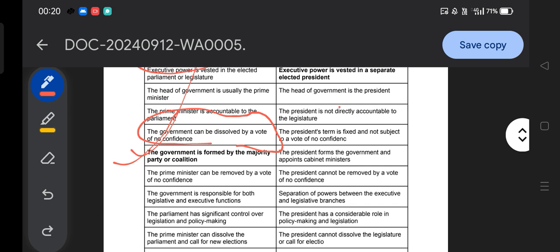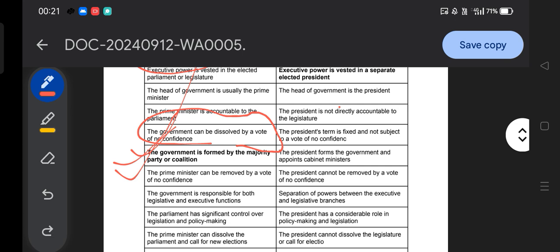It is a type of motion moved by members of parliament against the government or the prime minister. So it is a mechanism to put a check and balance, or to remove or dismiss the government. You need to remember that the vote of no confidence is a part of the parliamentary form of government.